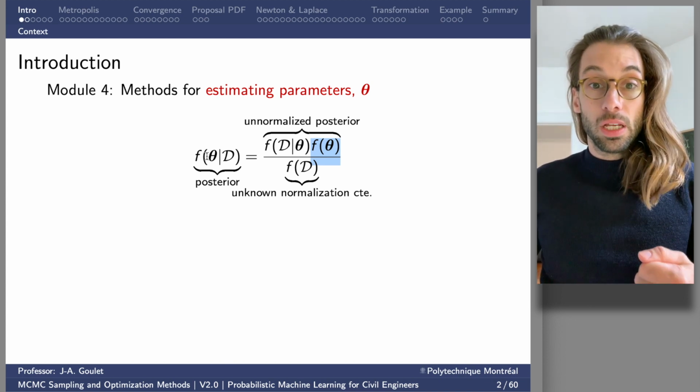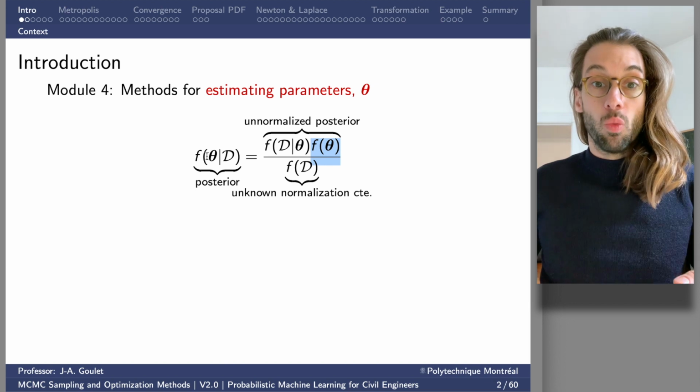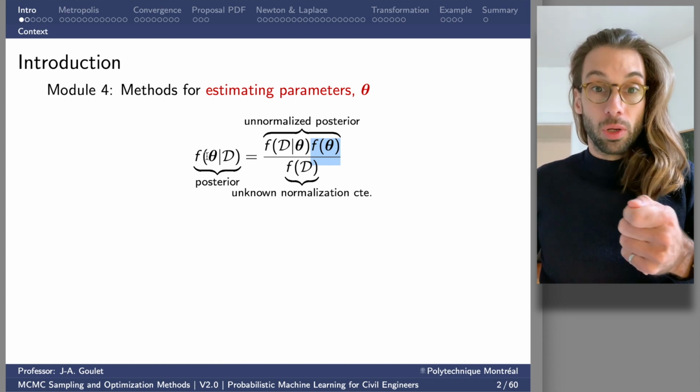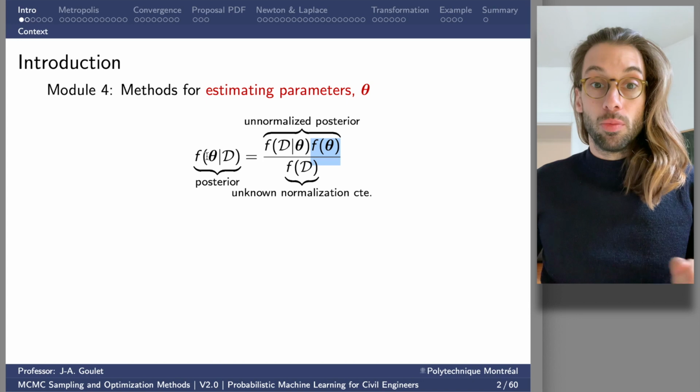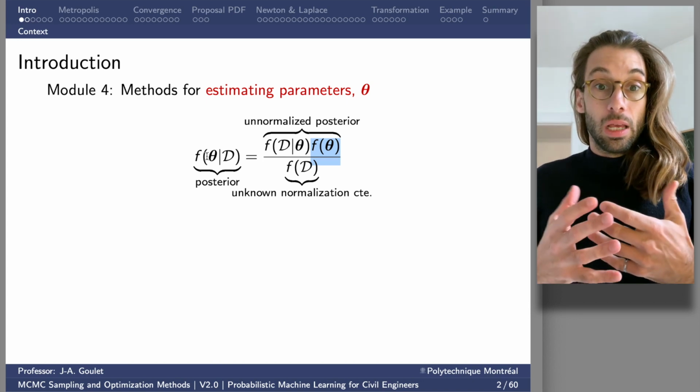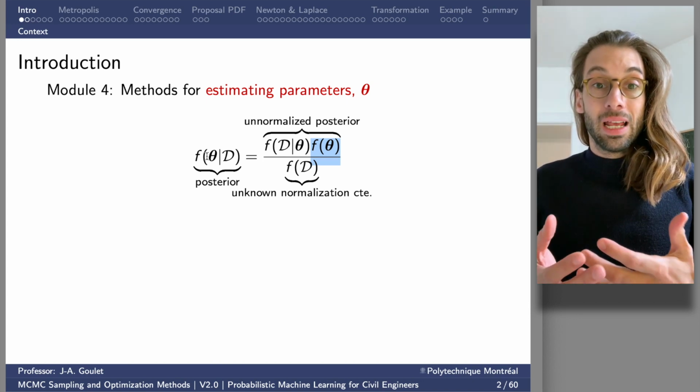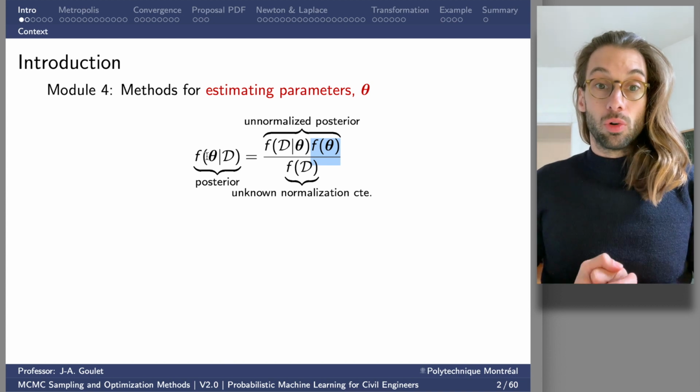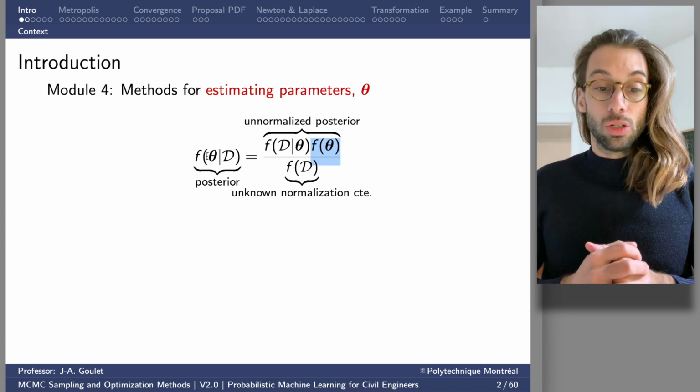The consequence is that many samples are going to be wasted. They're not going to be located in the region where we have a high probability content.